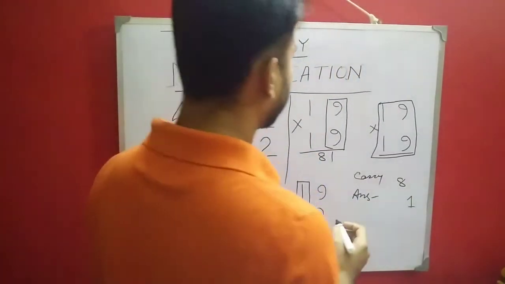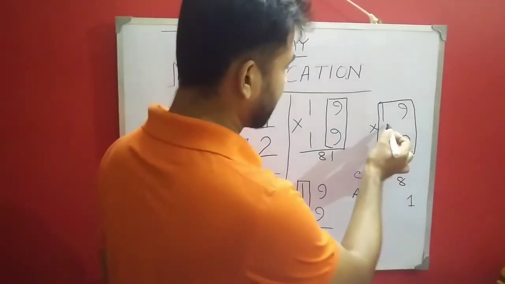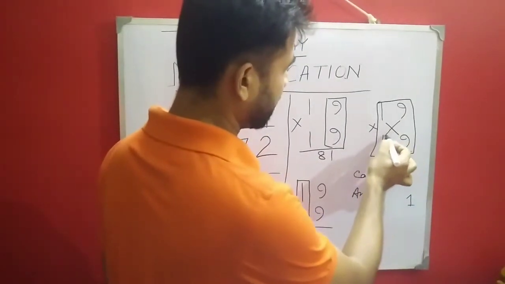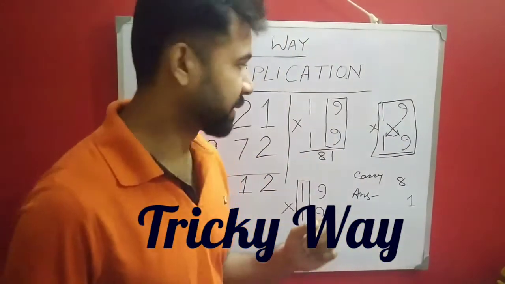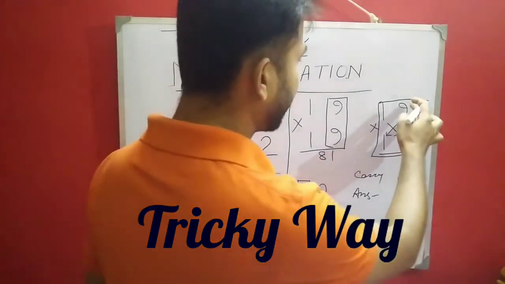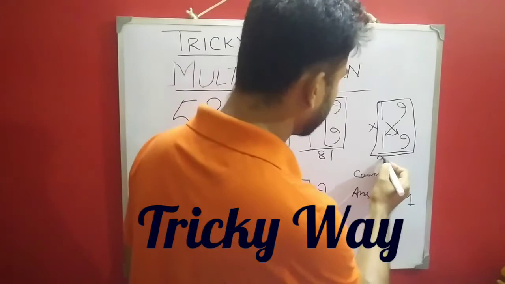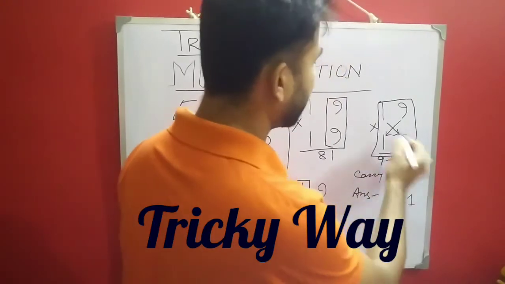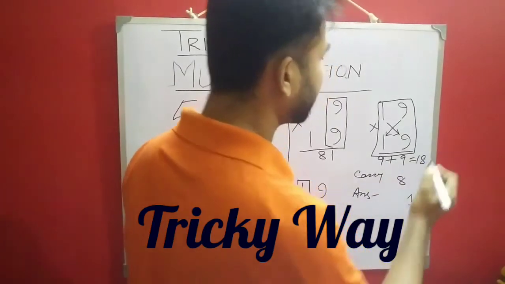Now cross multiplication: 9 into 1 equal to 9, plus 9 into 1 equal to 9, equal to 18.